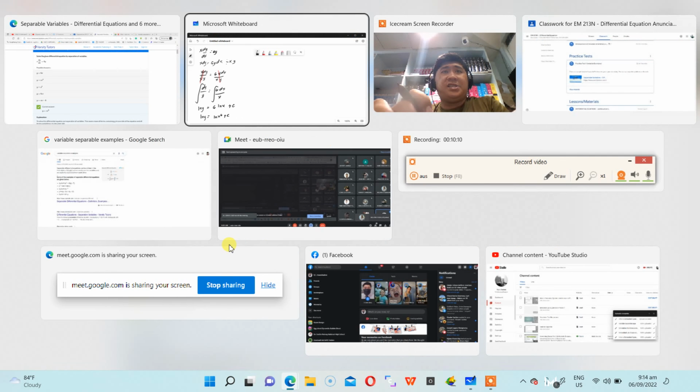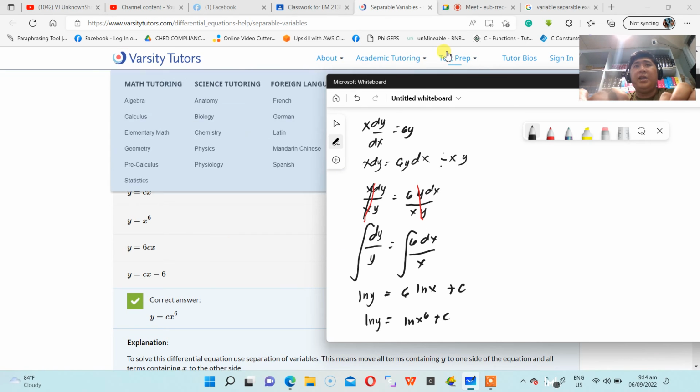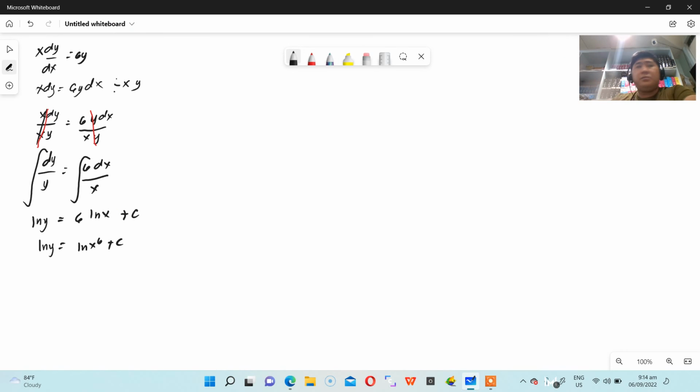So since that is equal to y, what we need to do is to transfer the ln to the other side, or you could minus this one. Let's try this one first. We have y equals e raised to the power of ln x raised to the power of 6 plus c, right?